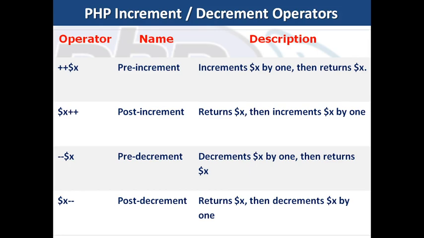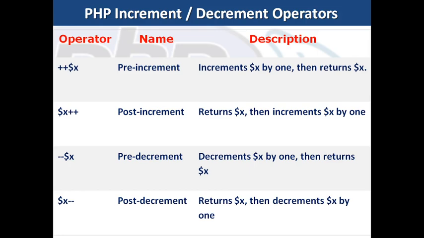It means value of $x first increases or decreases, then the statement gets executed. In the other case, post-increment or post-decrement, first the statement gets executed, then the value of the variable gets increased or decreased by 1.